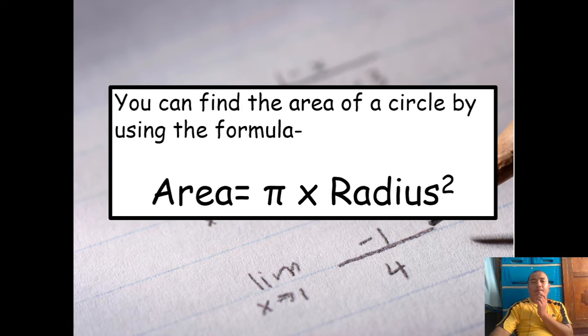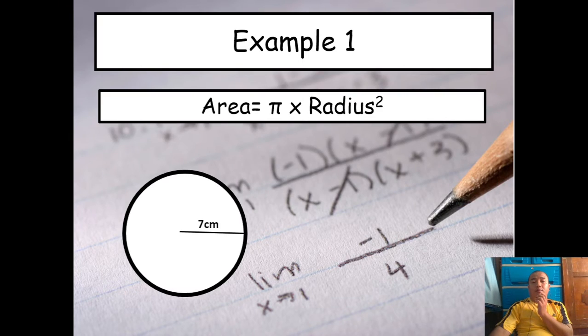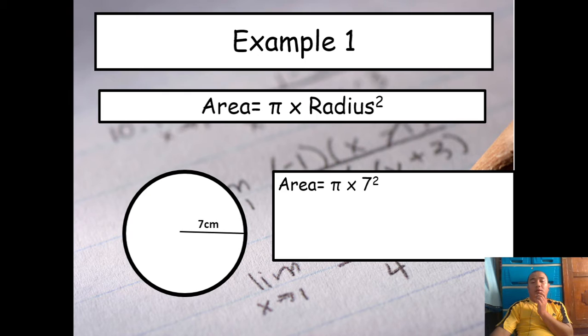To find the area of a circle, we use the formula pi times the radius squared. Example number 1, if the radius of the circle is 7 cm, what is its area? We just substitute the radius: 7 squared times pi. 7 squared is 49. 49 times pi is 153.94.